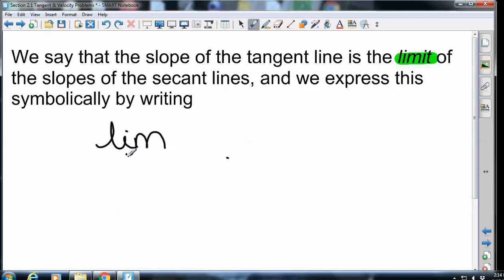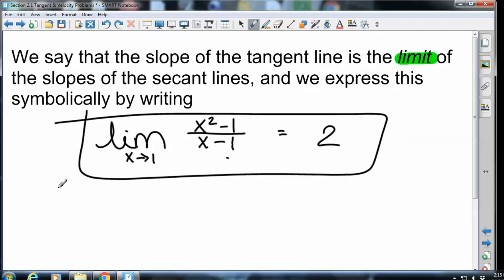In my last problem, it was the limit as x approached, what number was my x getting close to? 1, of my slope, which was the equation we had for slope. And what did we find out that equaled? 2.